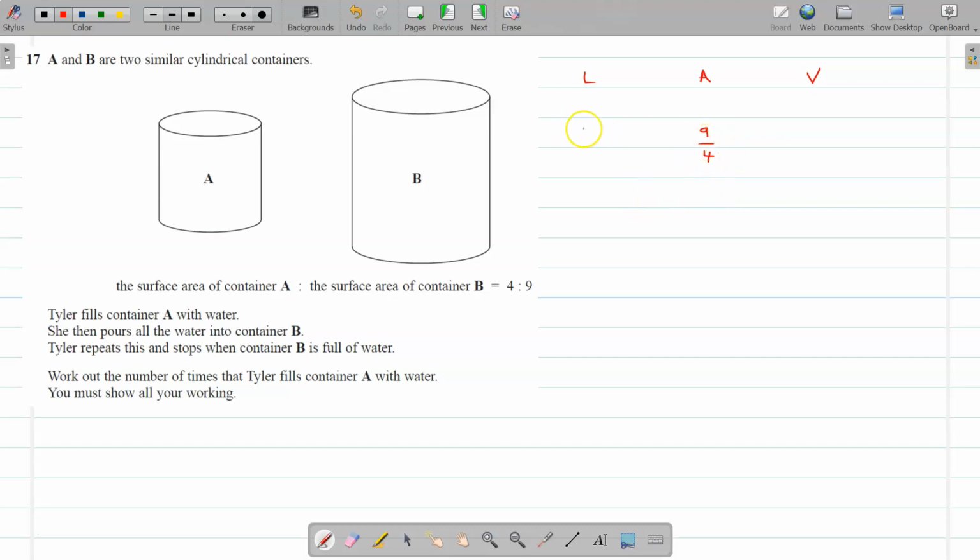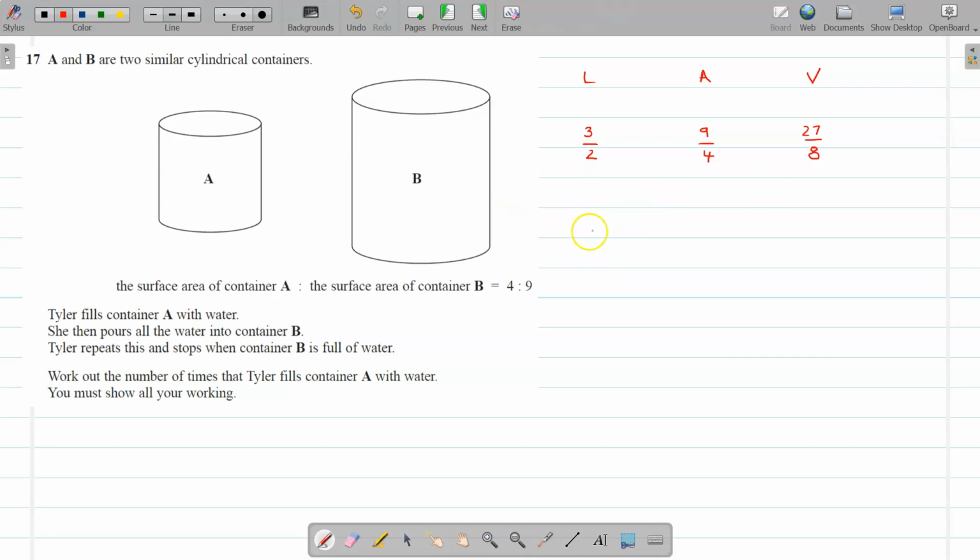Now the length scale factor is the square root of that, which is 3 over 2. And the volume scale factor is that cubed, which is 27 over 8. So basically the volume of B is 27/8 of the volume of A. So basically, how many times does 8 go into 27?